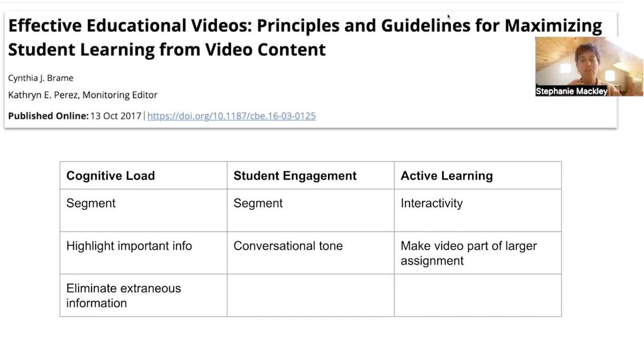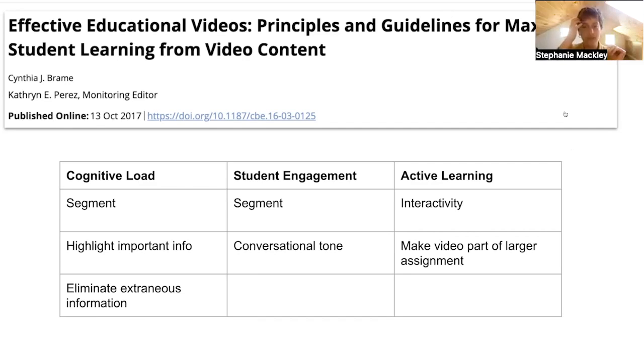Also, if you can make videos or really any media type part of a larger assignment, like we need you to post in the discussion forum about this video, any way that you can loop things in is a great service to your students and learning. And then we'll also talk a little bit about interactivity in a minute when I talk about active versus passive media.